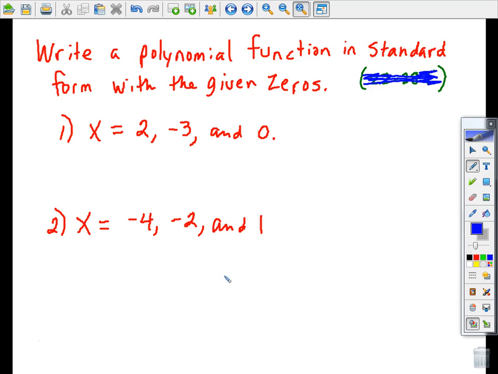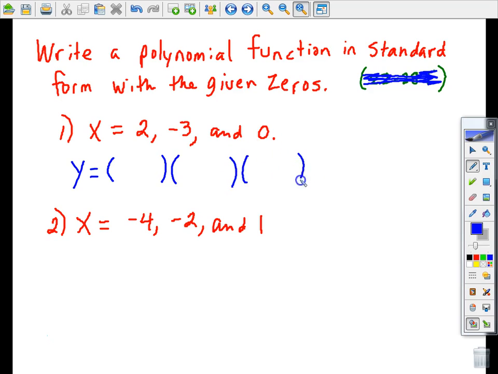We did one of these earlier when we were working with the graph, so I'm going to give you the zeros of a function, and we're going to build the function in standard form from these zeros. So what you're trying to think of here is linear binomials, and think of 3 of them, where if these numbers were substituted in for x, remember linear means you have to have x to the first in the binomial.